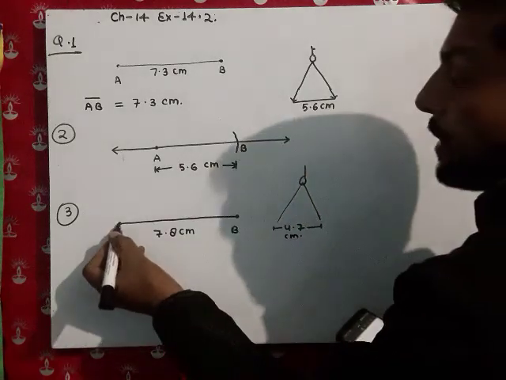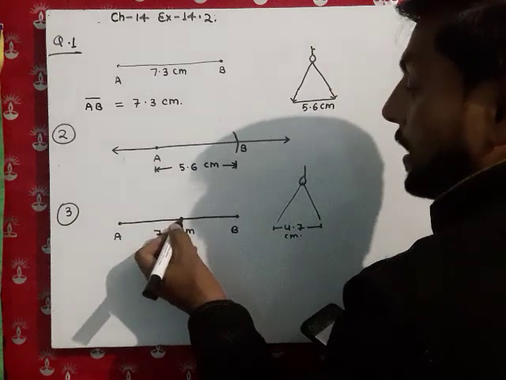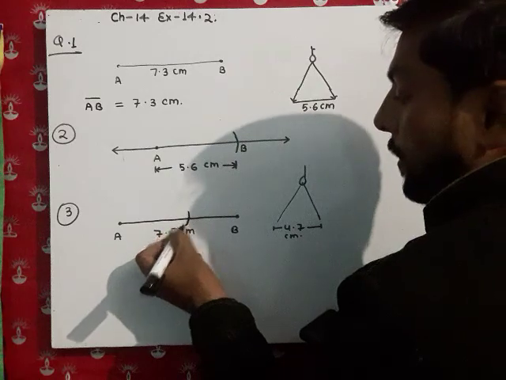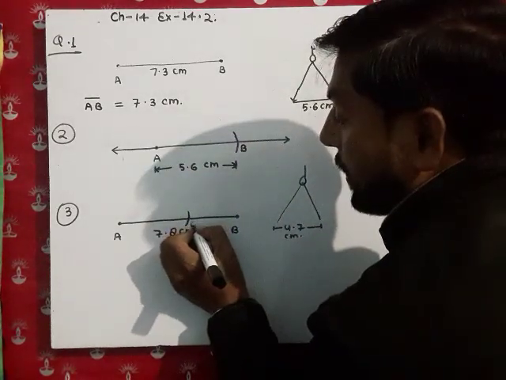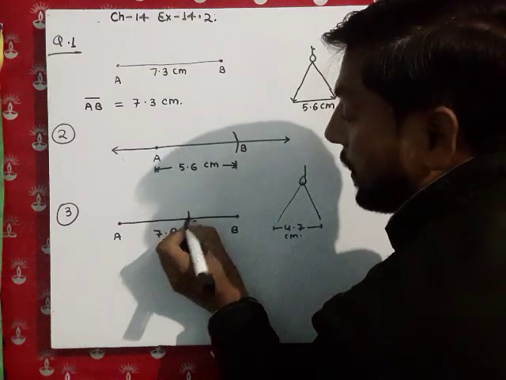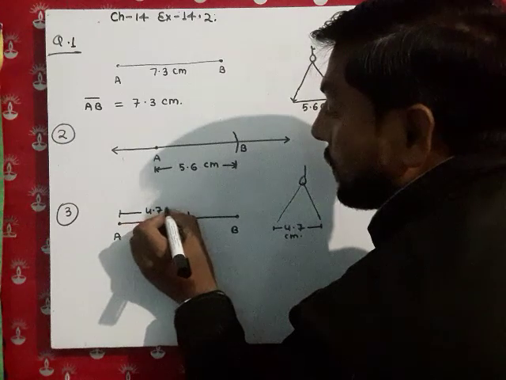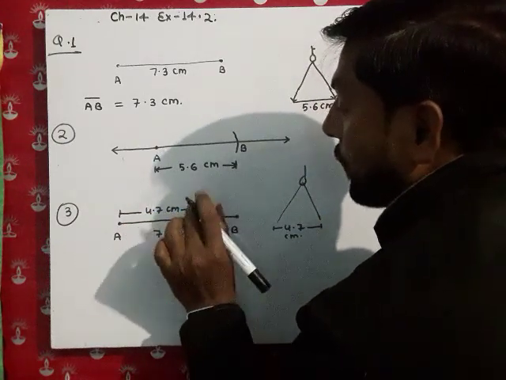And now you have to place the needle of the compass here, and at 4.7 centimeters you have to make one mark. This is the mark. So here this will be the point C. This distance from here to this point is 4.7 centimeters. Okay.